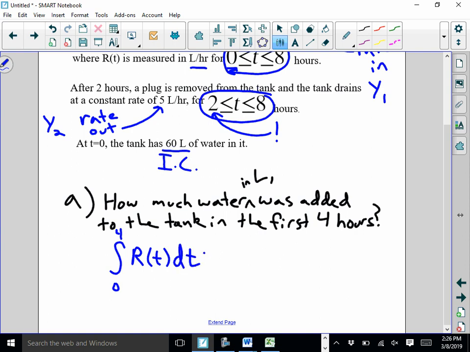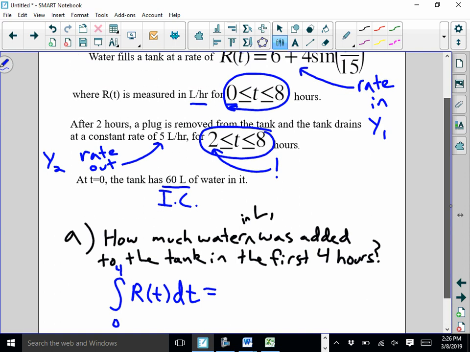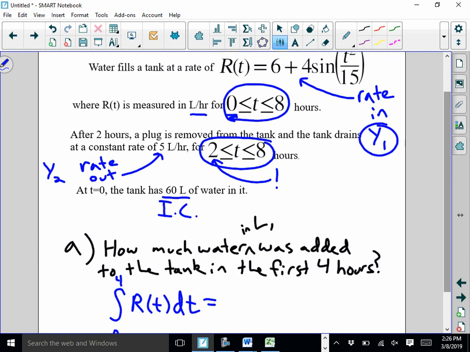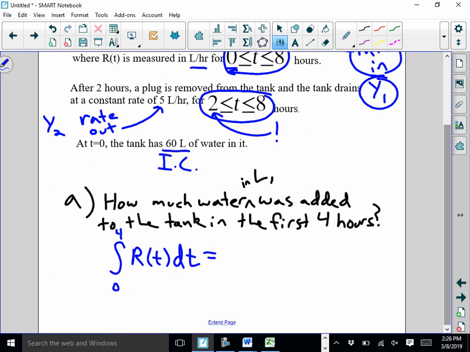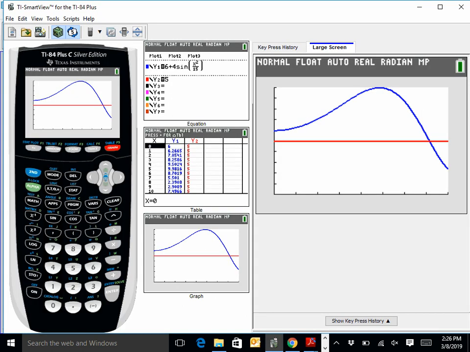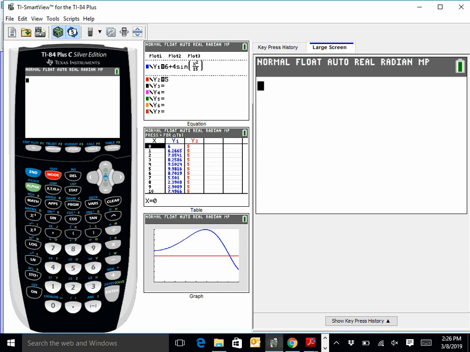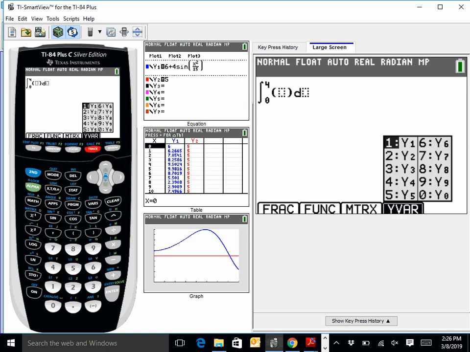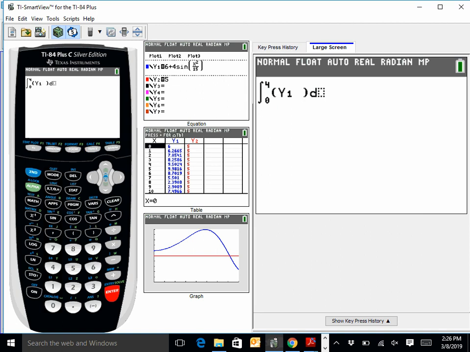Since I already entered R of t into my calculator, and I have a reminder up here that that's my Y1, my rate in, I can just go to my calculator now and do math 9, integral 0 to 4 of alpha trace. Alpha trace is where we get our y variables from. I want y1 because that's the one associated with r. And I get 29.243.